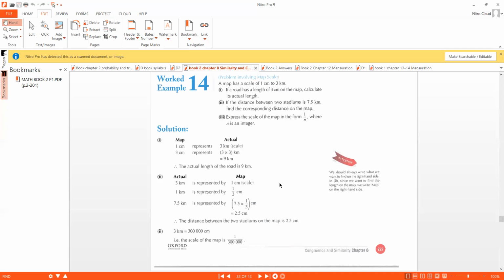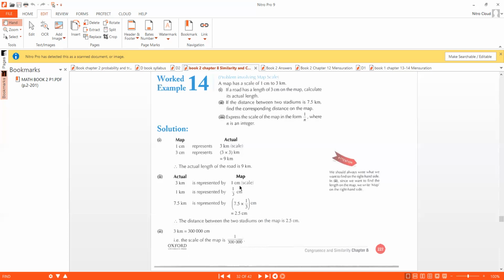Any issue? Just like over here, 7.5 kilometers. So should 7.5 kilometers be divided by 3 or multiplied by 1 over 3? For example, 3 kilometers is equal to 1 centimeter.